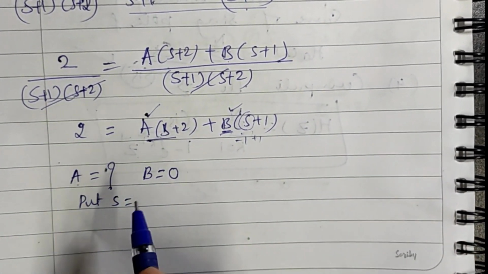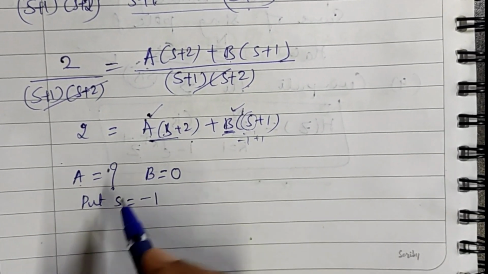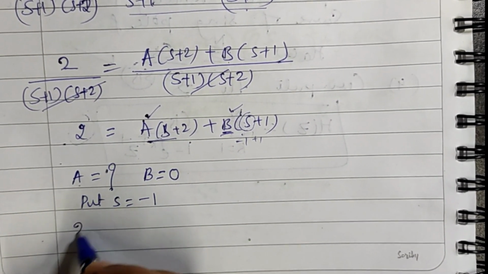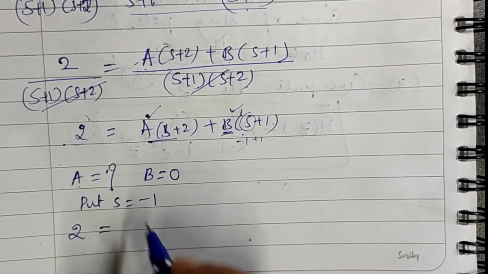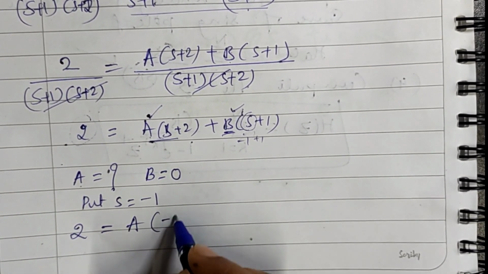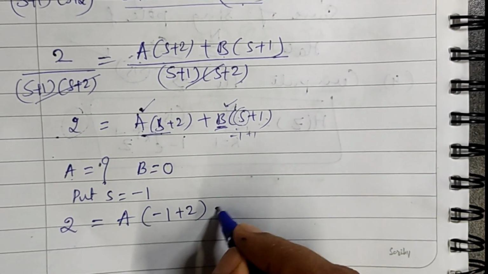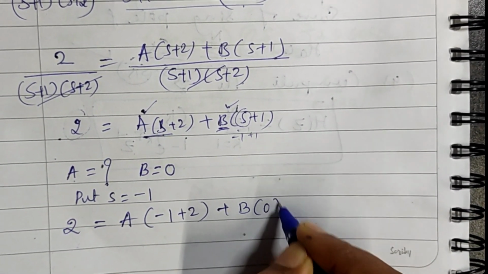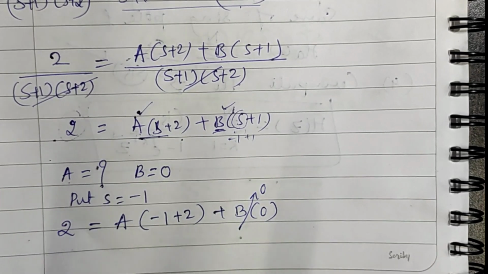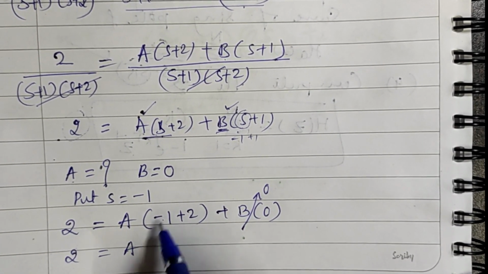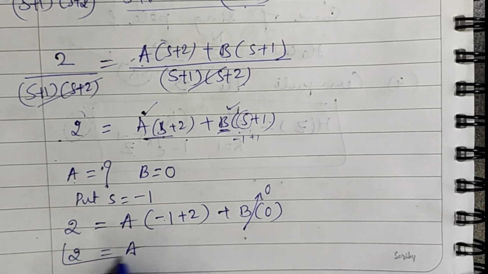So on both sides we put s equal to minus 1. Since there is no s on the left hand side, we get A of (minus 1 plus 2), and the other term goes to 0. Then A is equal to 2 times 1, so A equals 2.